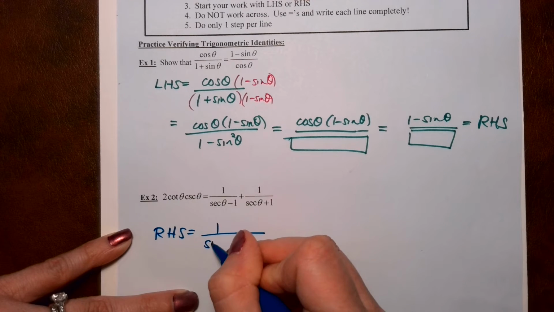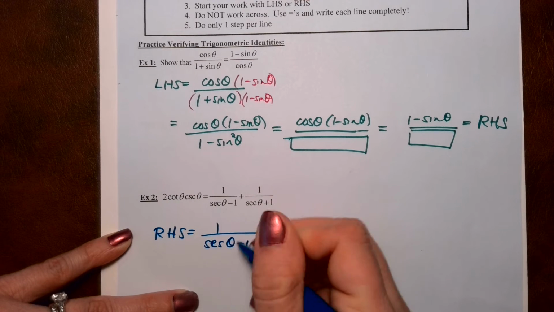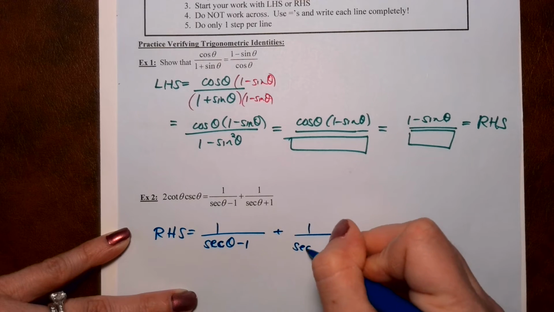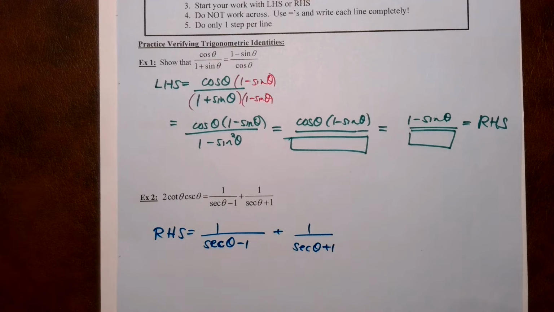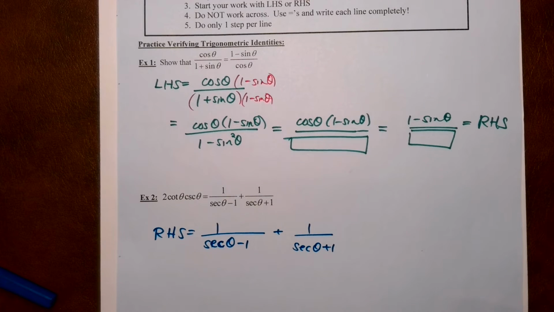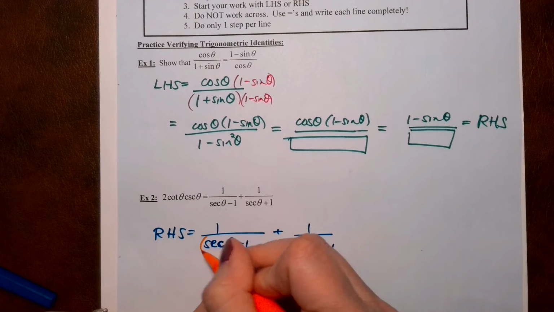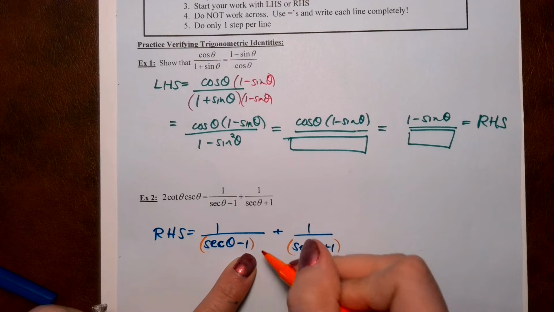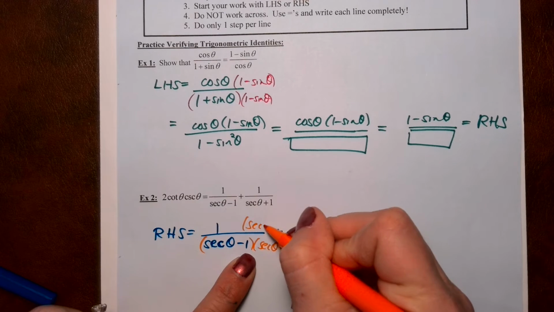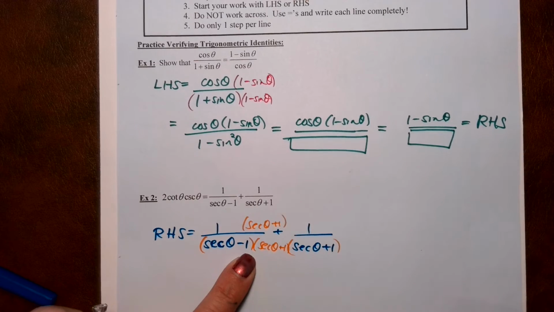Okay, so let's just go ahead and start by writing down our two fractions. Okay, so the technique when you have two fractions is we're going to have to make the common denominator. So this one's going to get some parentheses, of course. Secant of theta plus 1 over secant of theta plus 1.